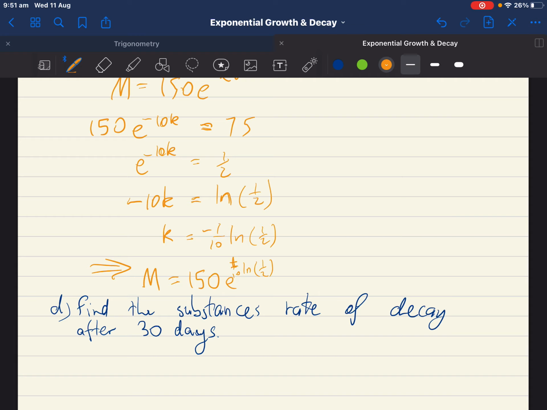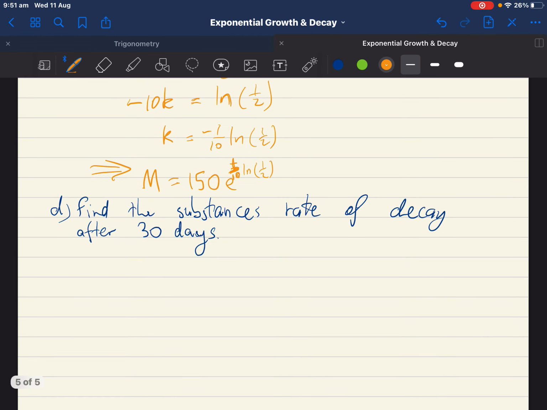Hang on, I'll put the t right there. Again, got issues with neatness. So that's 150 e to the t over 10 ln half. This formula here, now that we've found M0, we've found K, we've now got the formula that's going to give us the mass. And we want to find the substance's rate of decay after 30 days.